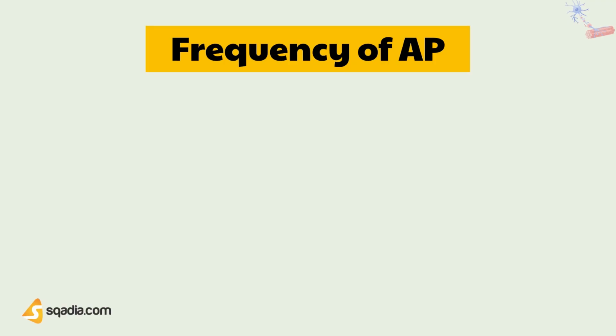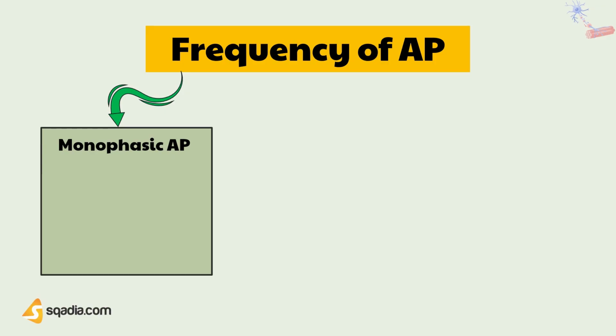Well, there are three frequencies at which action potential is measured. The first one is monophasic action potential. This action potential is measured when one electrode is placed inside the cell and one electrode is placed outside the cell.